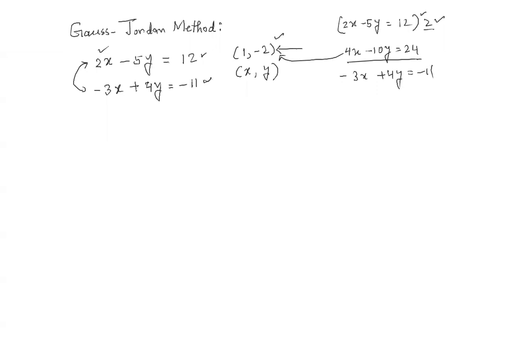So I'm going to get 4x minus 3x is x, -10y plus 4y is -6y is equal to 24 minus 11 is 13. Okay. These result in equivalent equations. Okay. So it's not going to change.